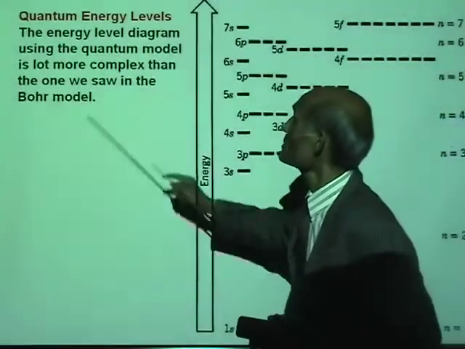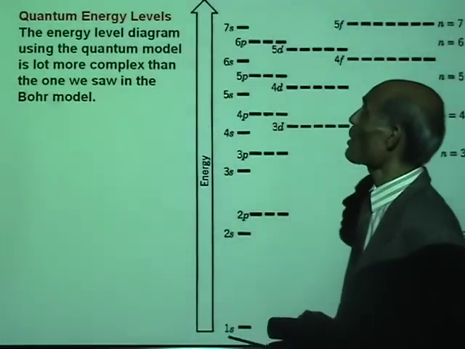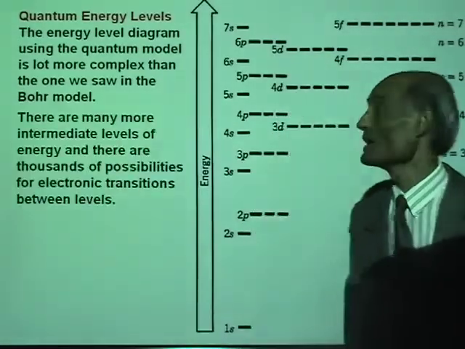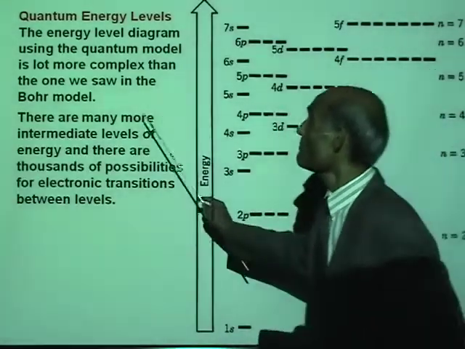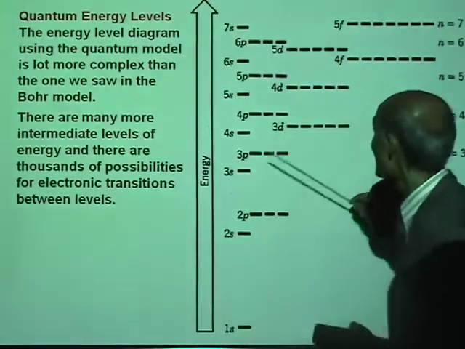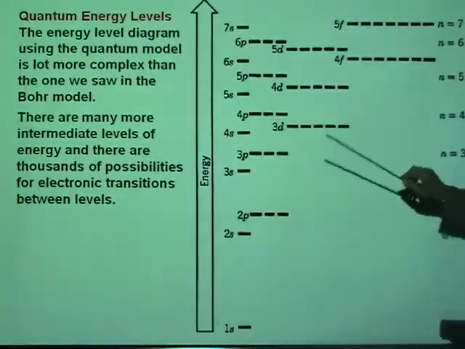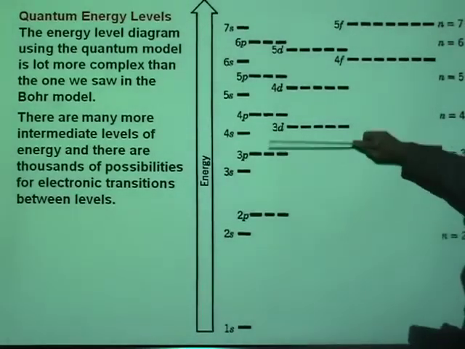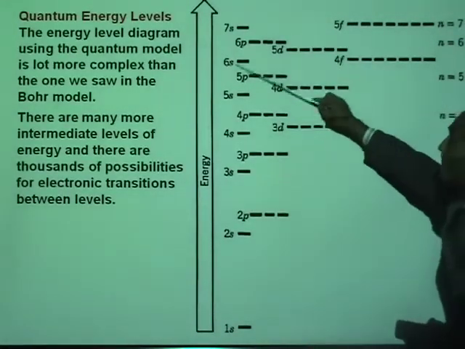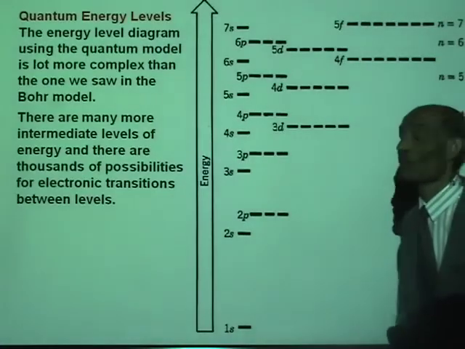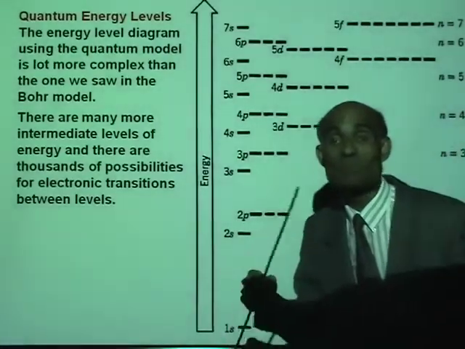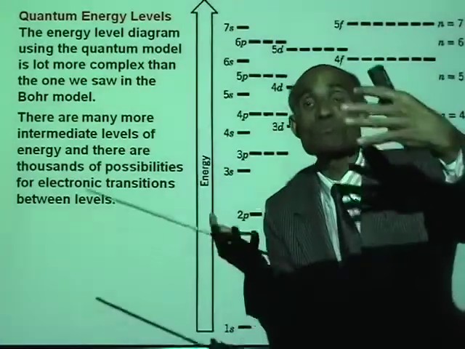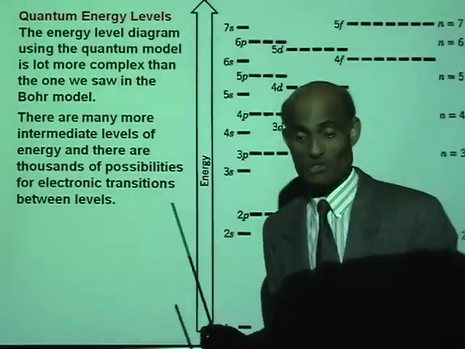The energy level diagram using the quantum model is a lot more complex than the one we saw in the Bohr model. In the Bohr model, we only saw levels n equal to 1, n equal to 2, n equal to 3, and so on. But in the quantum model, there are many more intermediate levels. That means there are a lot more possibilities for electronic transfer.